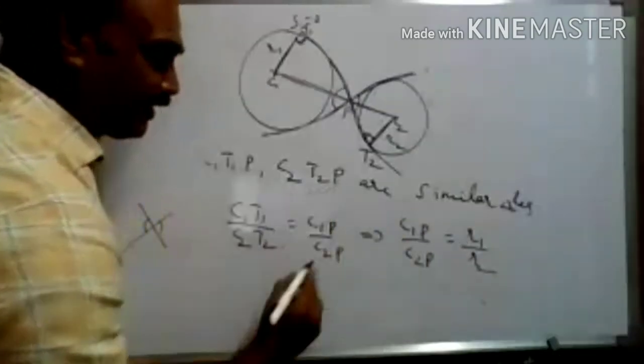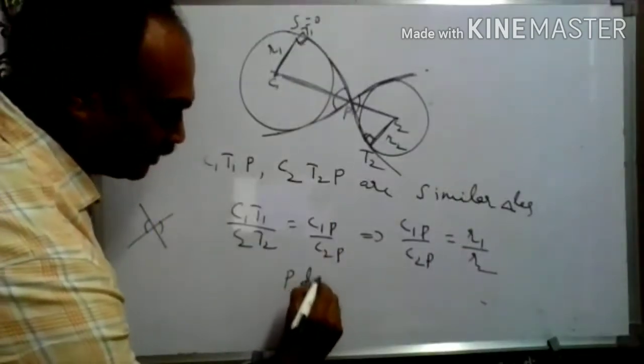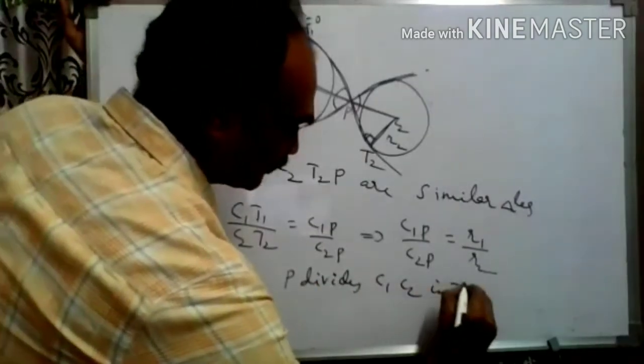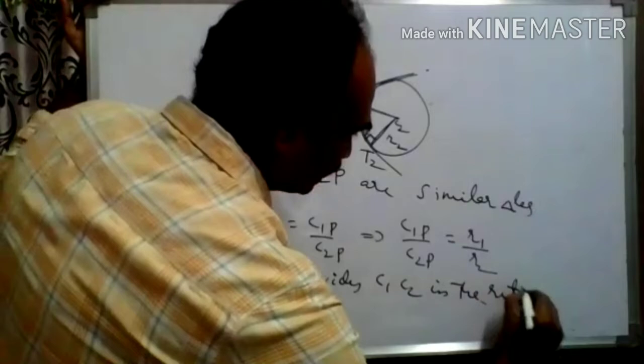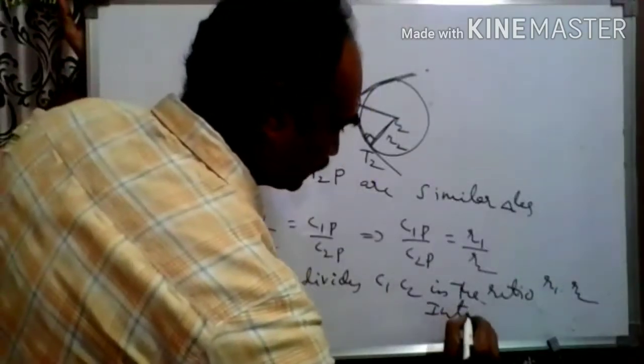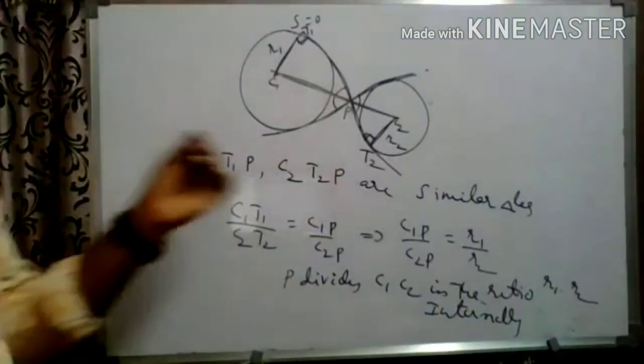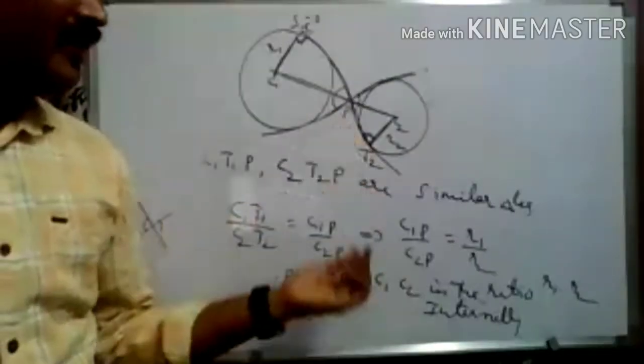Therefore P divides C1C2 in the ratio R1 is to R2 internally. Students, point P is inside the segment, so point P divides internally.